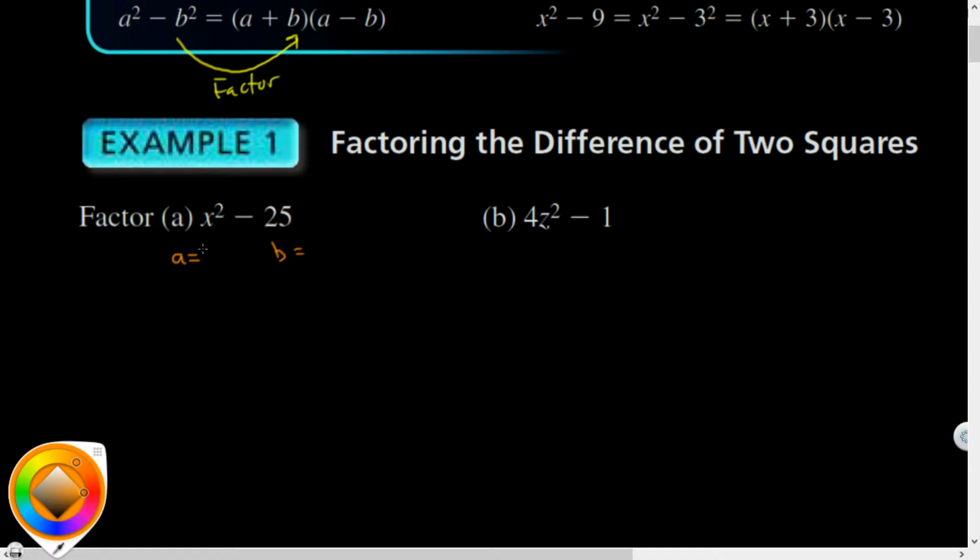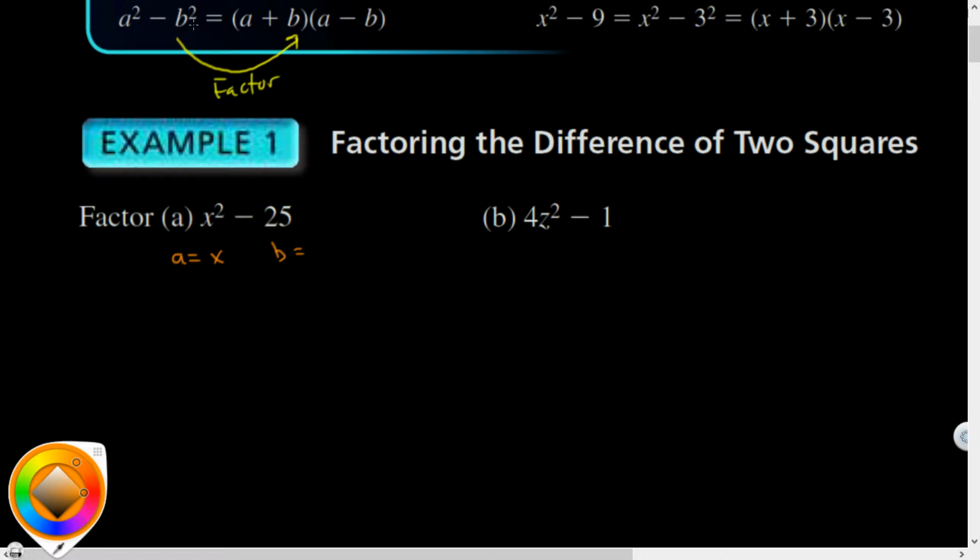Yes, this question is simpler. Don't be scared of how simple it is. What's in the spot of a here? The plain old x. If I square x, I would get x squared.